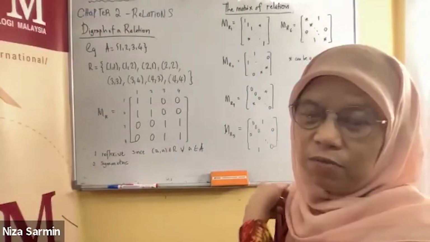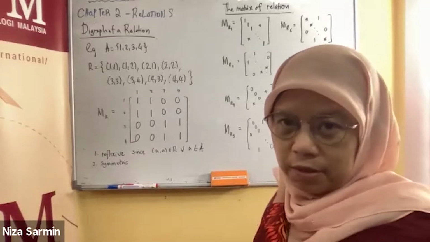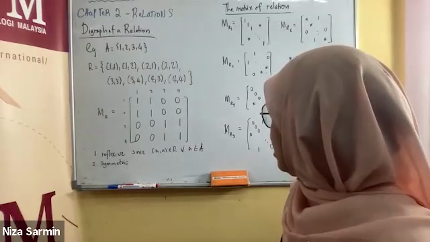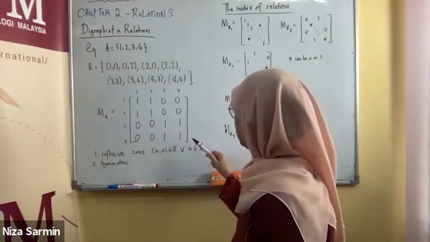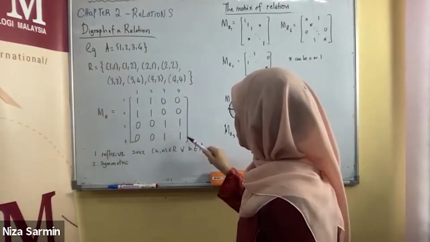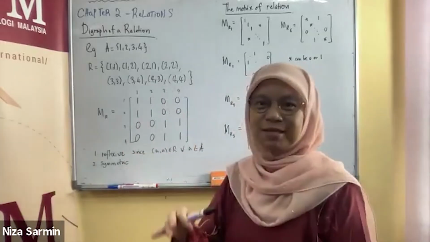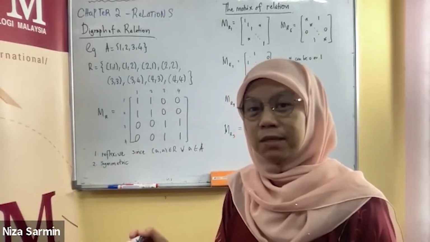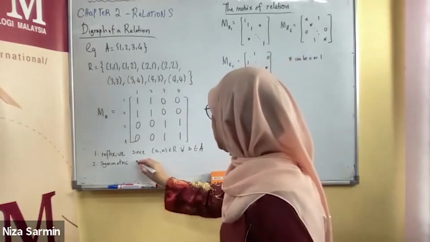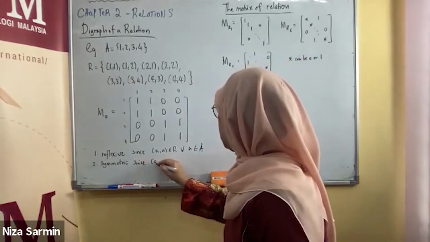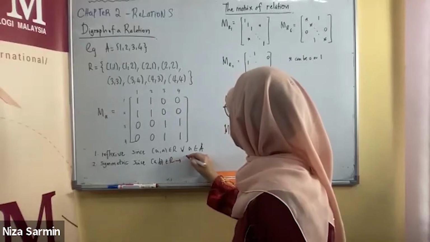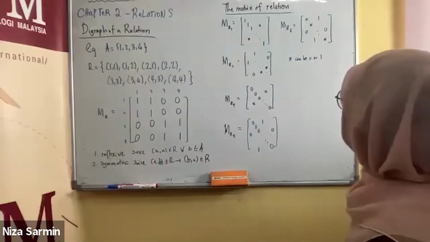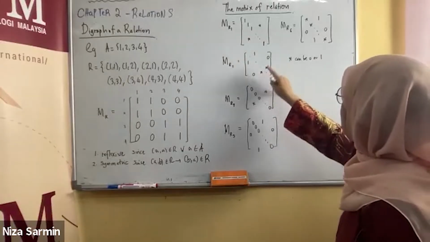If it is not, then give me one reason, a counterexample. It is symmetric, Prof. If you look at the mirror, you flip, it's a symmetric matrix, right? So aRb implies bRa, since (a,b) in R implies (b,a) also in R. Okay, like this one. This is symmetry.